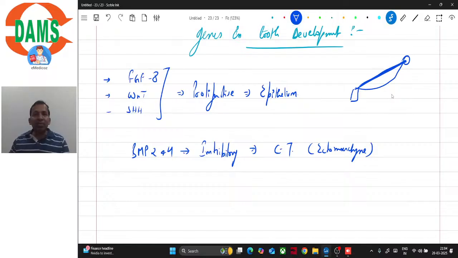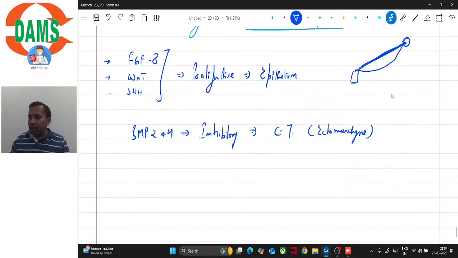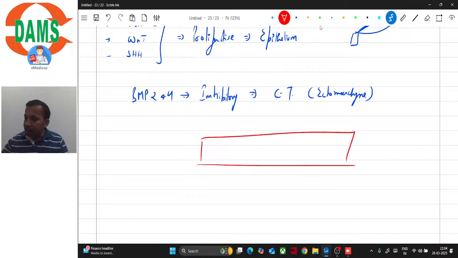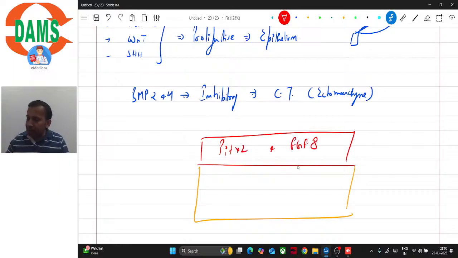Right? So these are some of the genes that have proliferative and inhibitory action. Now, which are the genes that are expressed initially? So initially in the epithelium. Let's say this is the epithelium, and then beneath it is the connective tissue. Initially the genes that are expressed are PITX2 and FGF8.